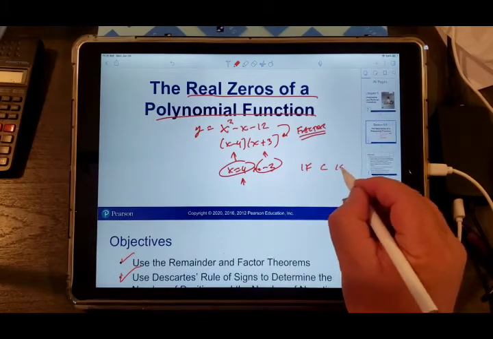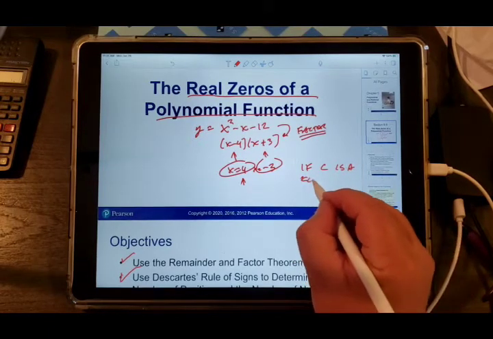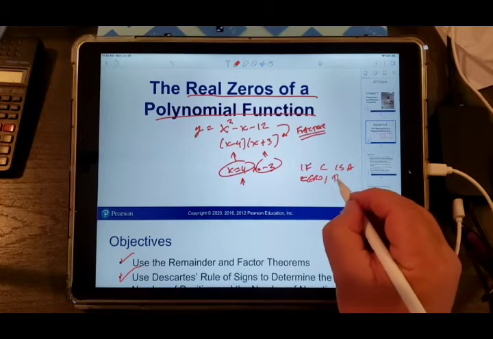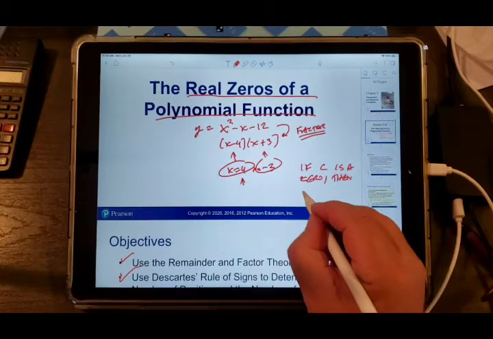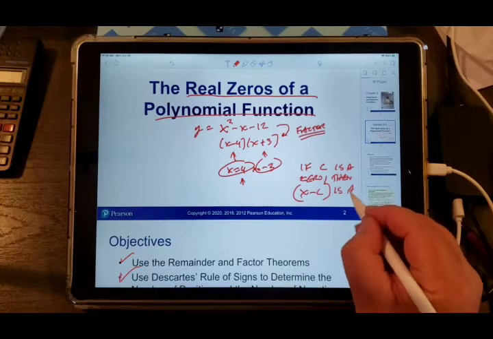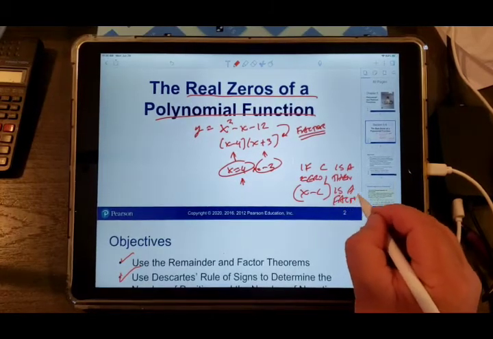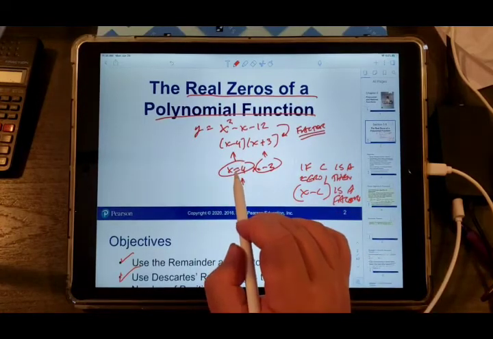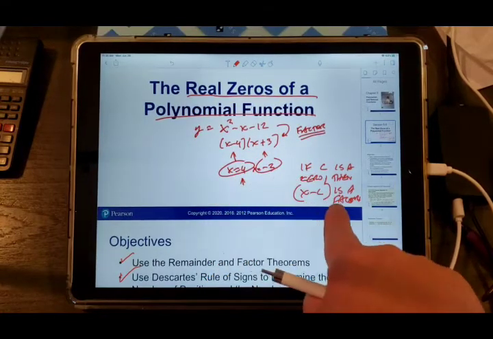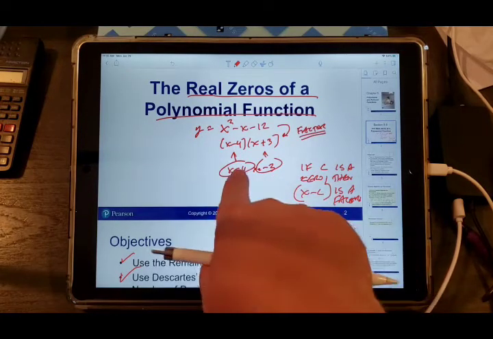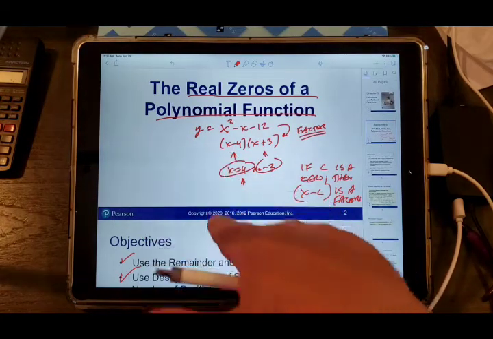If C is a 0, okay, then x minus C is a factor. Now I kind of turned that around. Normally you factor it, then you set it equal to 0. But in this class, a lot of times we find the 0 first and then wrap parentheses around it in the factor.